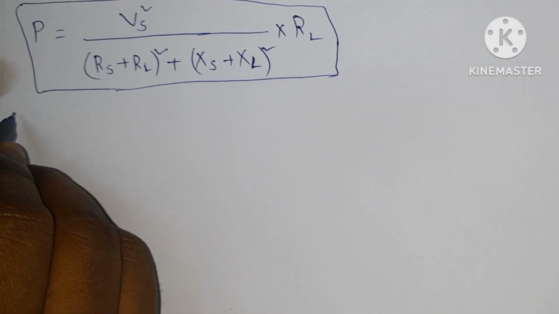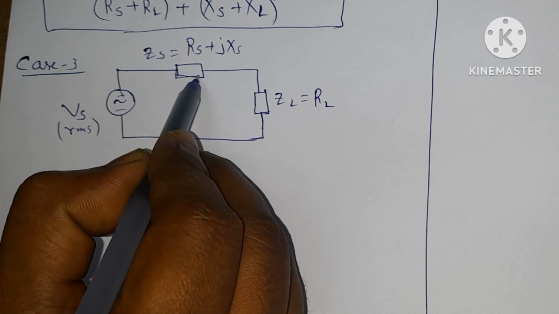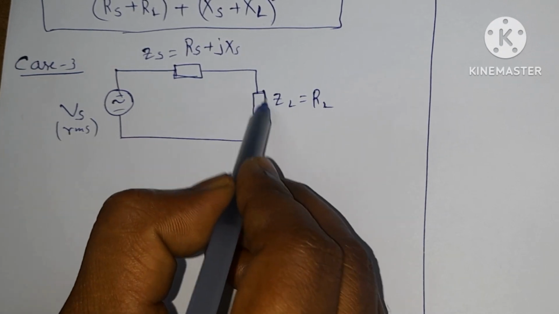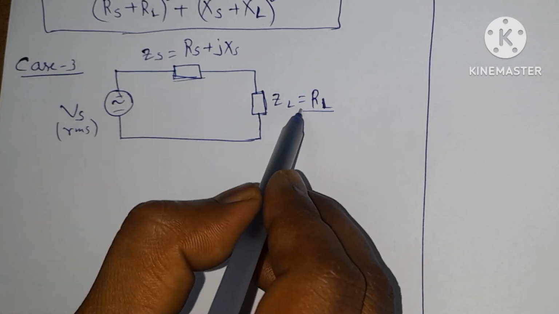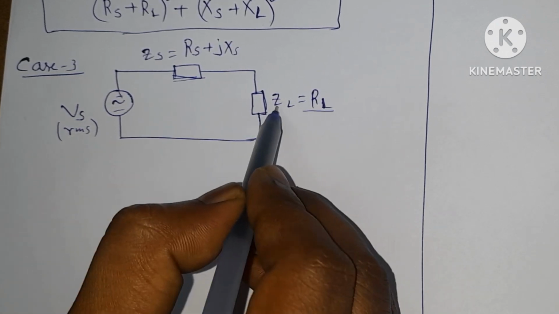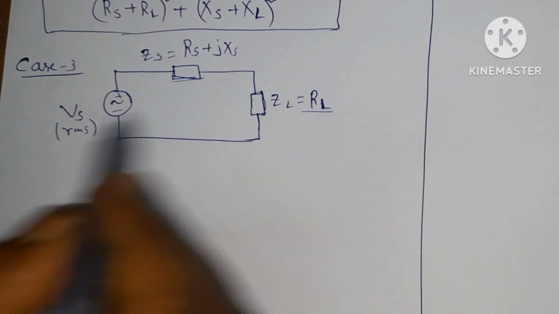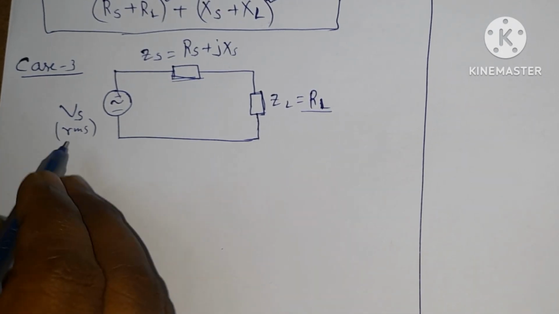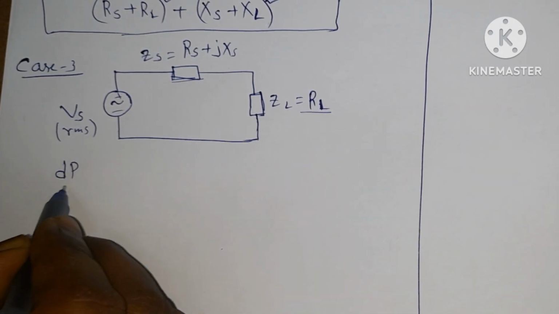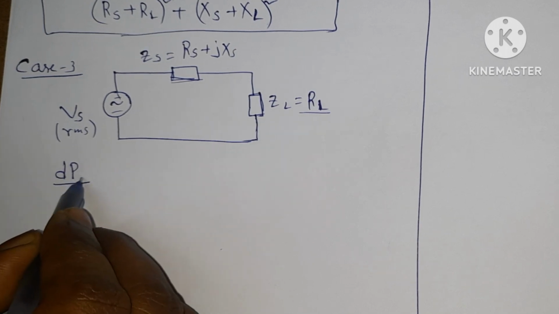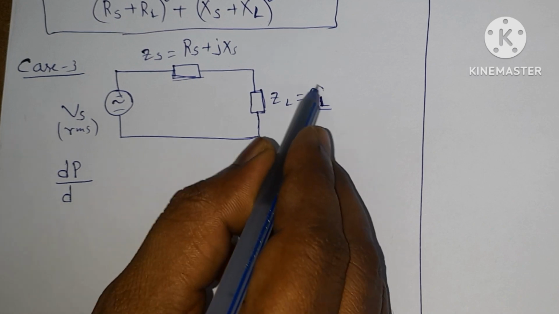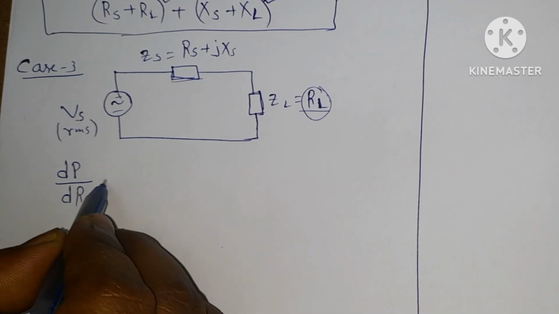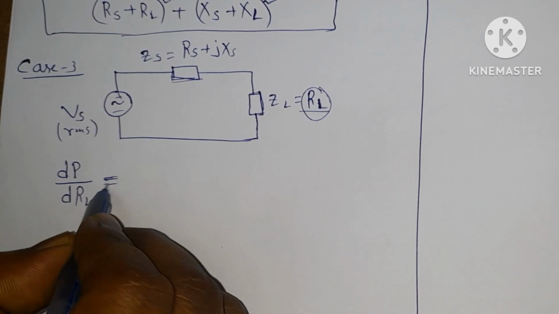Coming to case 3: source impedance is complex and load impedance is a pure resistance. The condition for maximum power transfer is to differentiate the load power with respect to the variable, which is the load resistance RL, and equate it to 0.